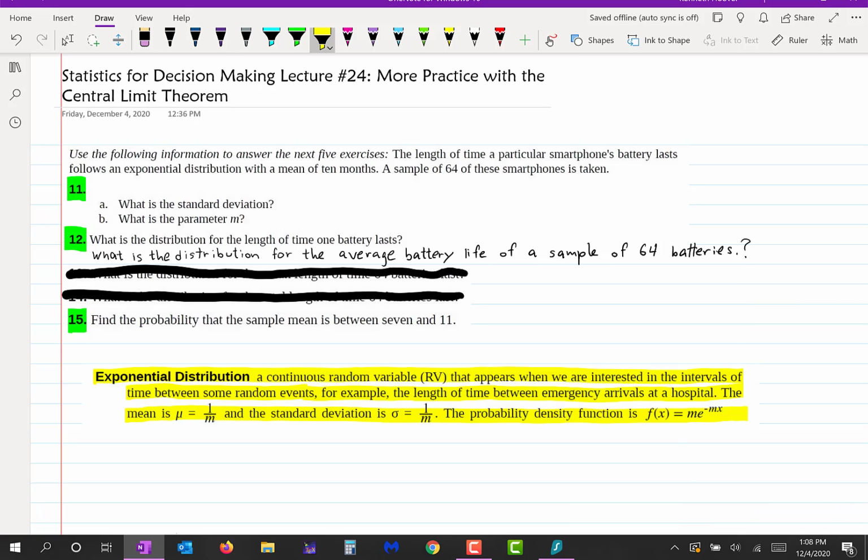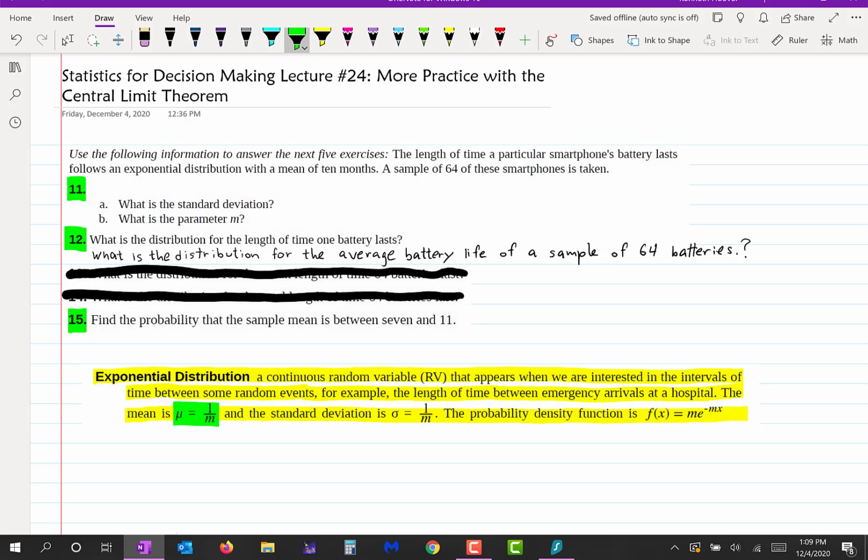Exponential distribution, a continuous random variable that appears when we are interested in the intervals of time between some random events. For example, the length of time between emergency arrivals at a hospital, or in this case, the length of time that a smartphone battery lasts. It says the mean is mu equals 1 over m. Okay, we're going to need that formula to answer our question.